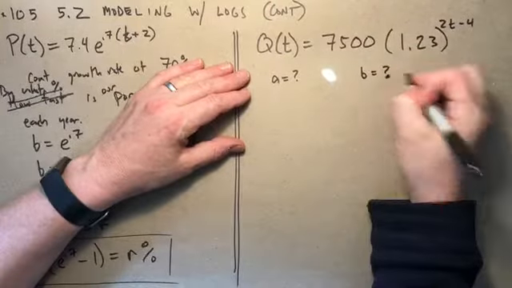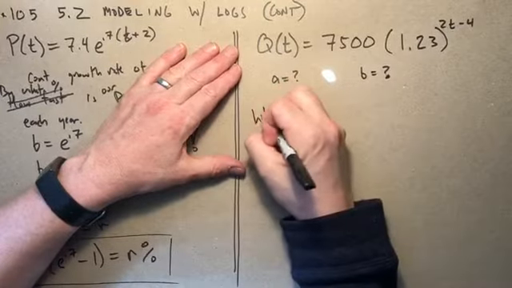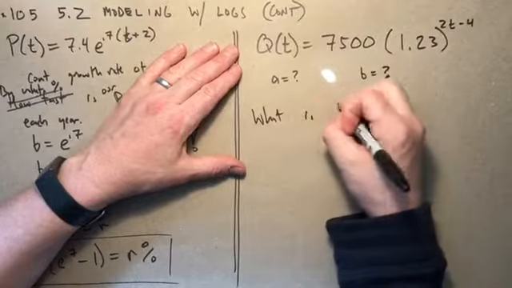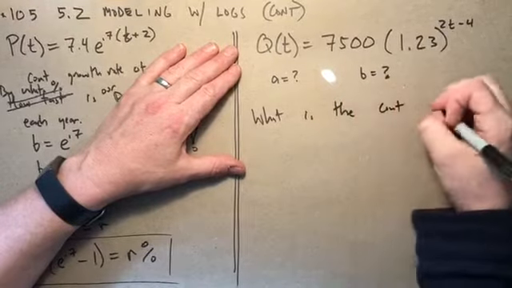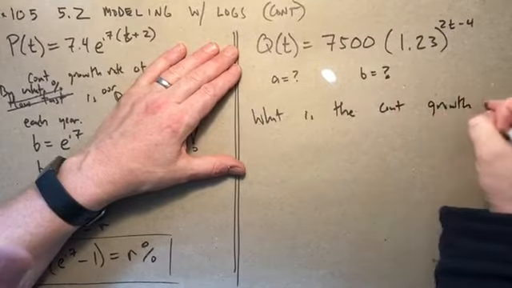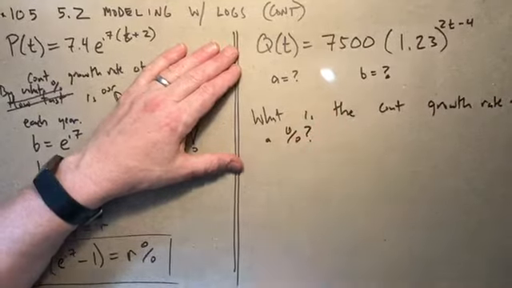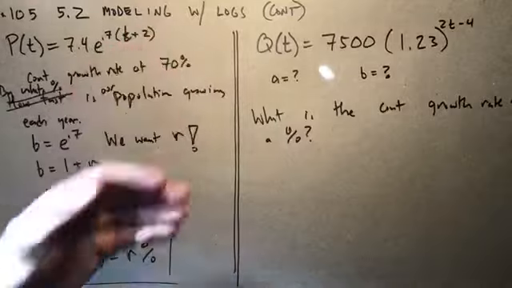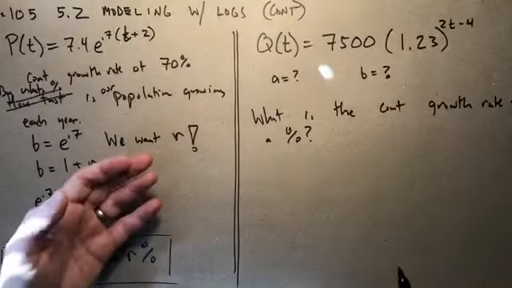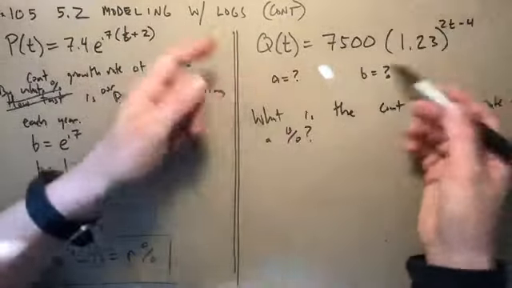And the idea here is the question will be, what is the continuous growth rate as a percentage? Yeah? So we've got to figure out what our growth factor is. And so we'll have to do some manipulation.